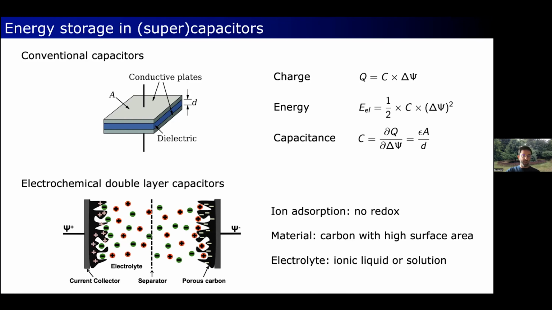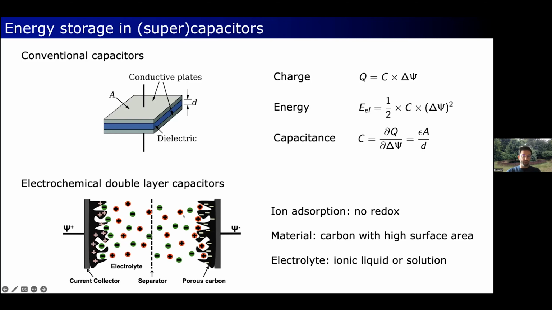The charge of the electrodes is not balanced by the polarization of the dielectric medium as previously, but is compensated by an excess of counter-ions and a depletion of co-ions near the surface. And of course, there is the opposite excess and depletion on the other side. So in contrast to batteries, there is no redox reaction at the interface. The charge is accumulated by the adsorption of ions.